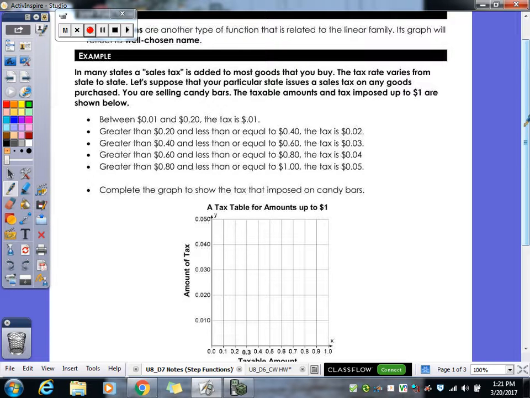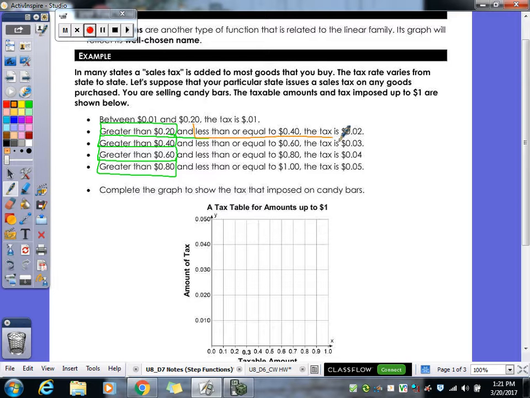All right. So now, you have to know that we're going to just break these up into two sections. The greater than sections, and then the less than or equal to sections.